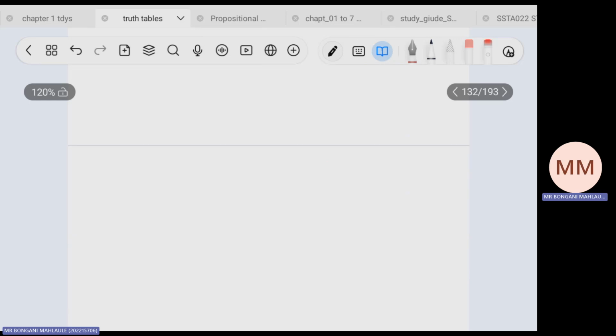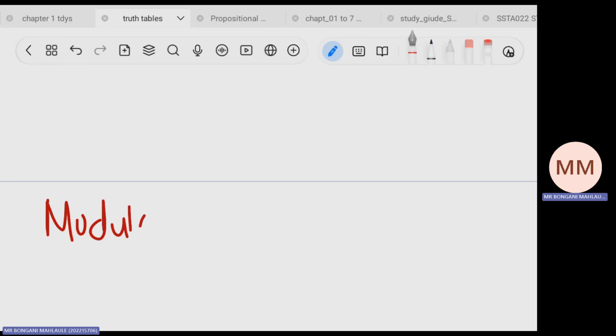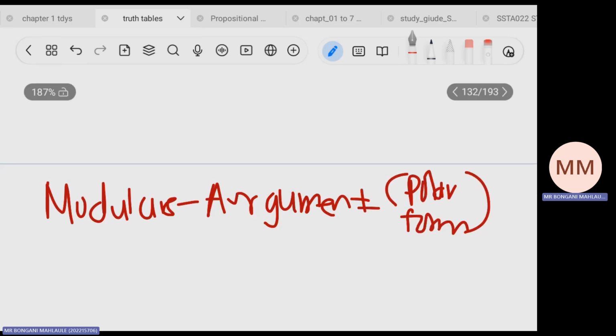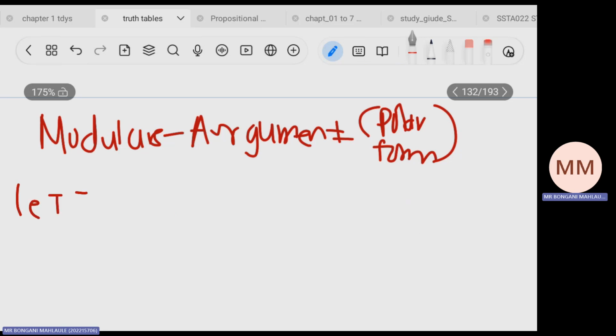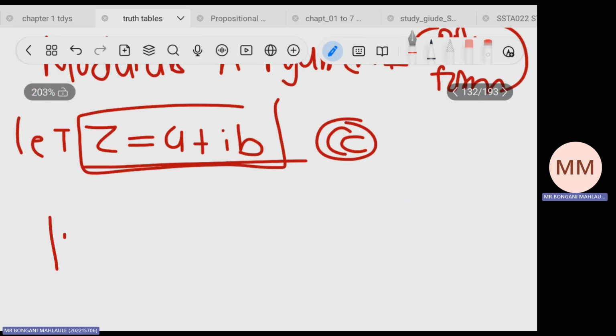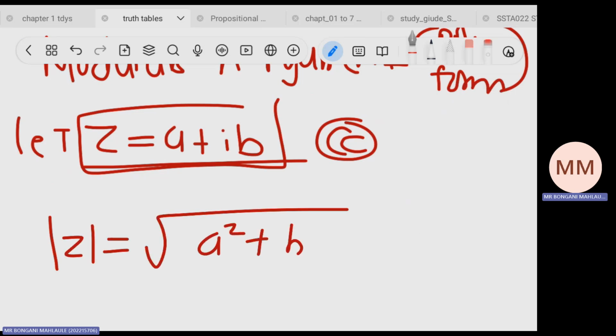So we also have what we call the modulus, argument, and polar form. You are going to let z be equal to a plus ib. So this is a complex number or expression. We're going to say the magnitude of z is going to be the square root of a squared plus b squared.